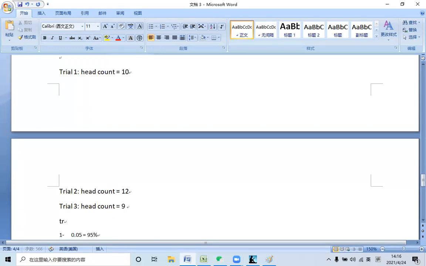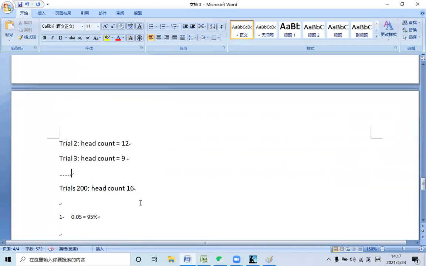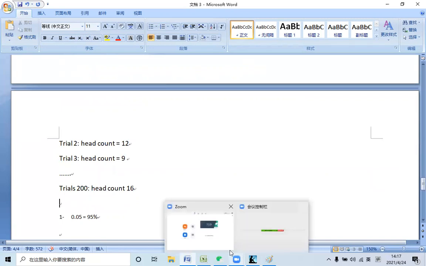How many trials do you do? Up to 200, trial 200, head count is like 16. It's an extreme case. Basically, you have these multiple trials, 200 trials, and you are plotting the distribution.